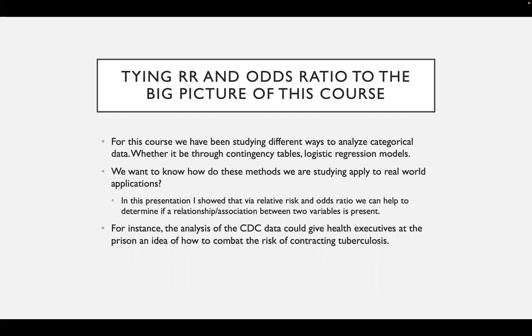We could probably keep those prisoners farther apart, so they don't get a higher chance of contracting it through airborne pathogens, or they don't come in close contact with other prisoners. That could be something health executives at that prison could look at to help combat the high contraction of tuberculosis in one of the wings compared to the others.